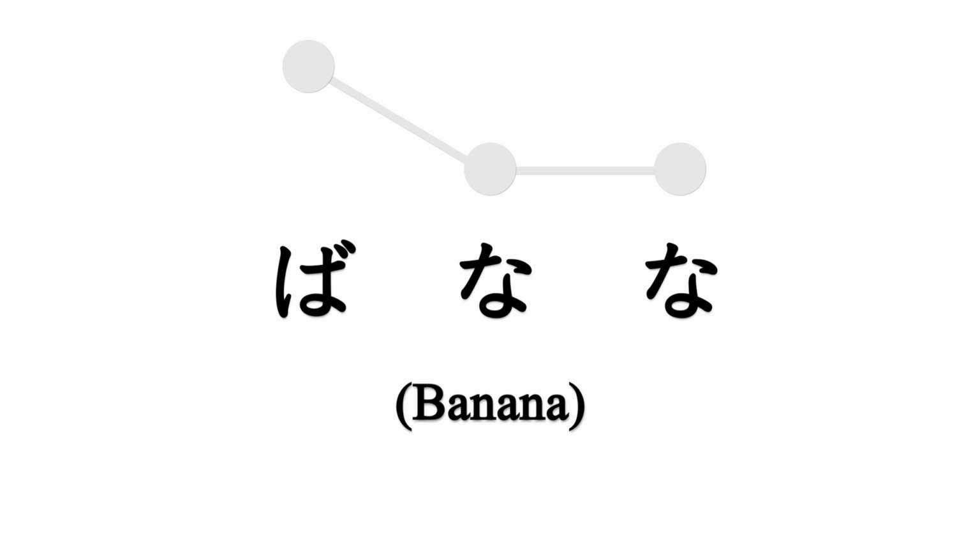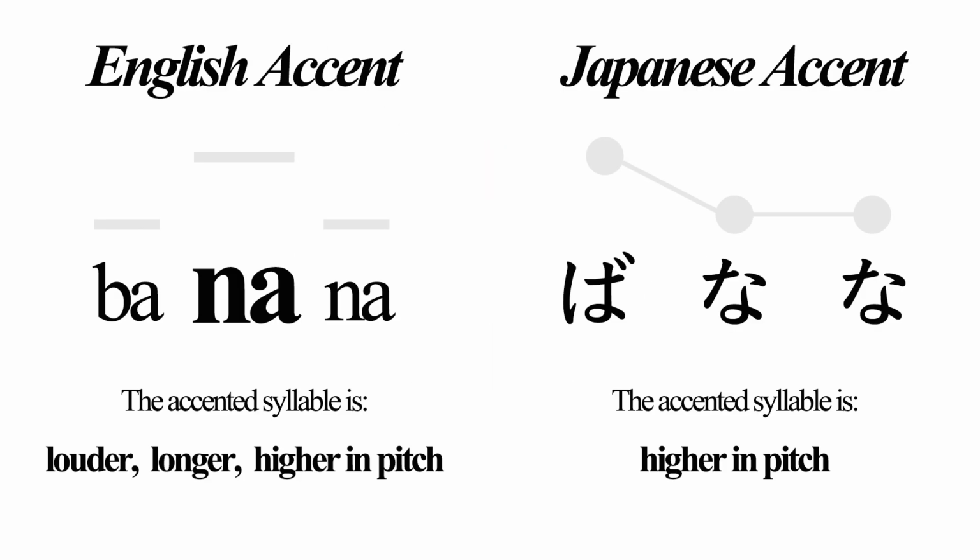High, low, low. Banana. The accent is on the first syllable. The pitch drops right after the accented syllable.